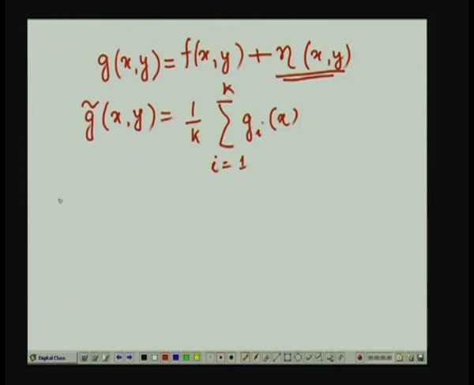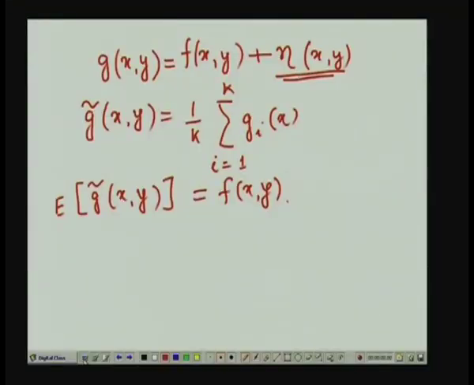If I take the expectation value of this g tilde(x,y), then this average value is nothing but f(x,y). Our condition is that the noise must be zero mean additive noise, and I assume that at every pixel location the noise is uncorrelated and the mean is 0. That is why if you average over a large number of frames, the noise is going to get cancelled out.